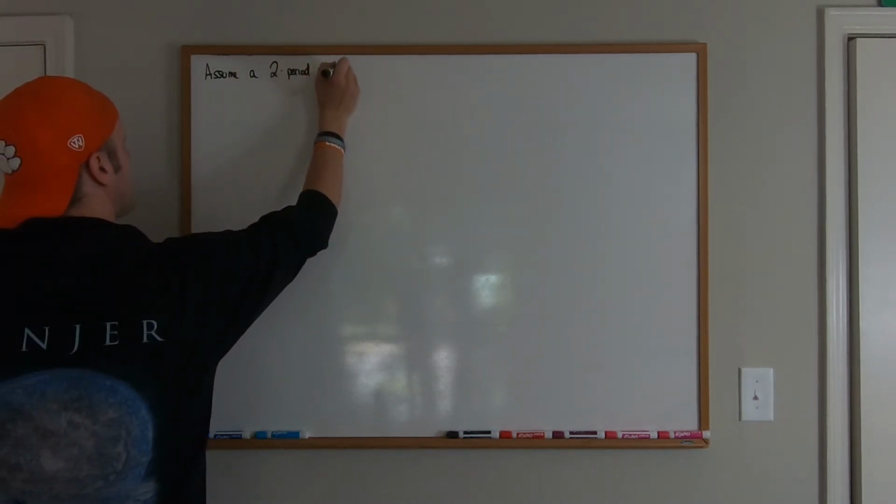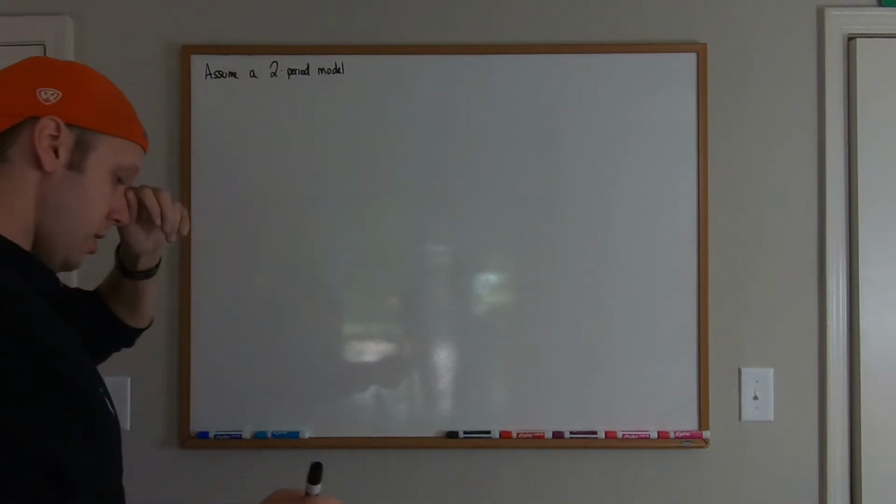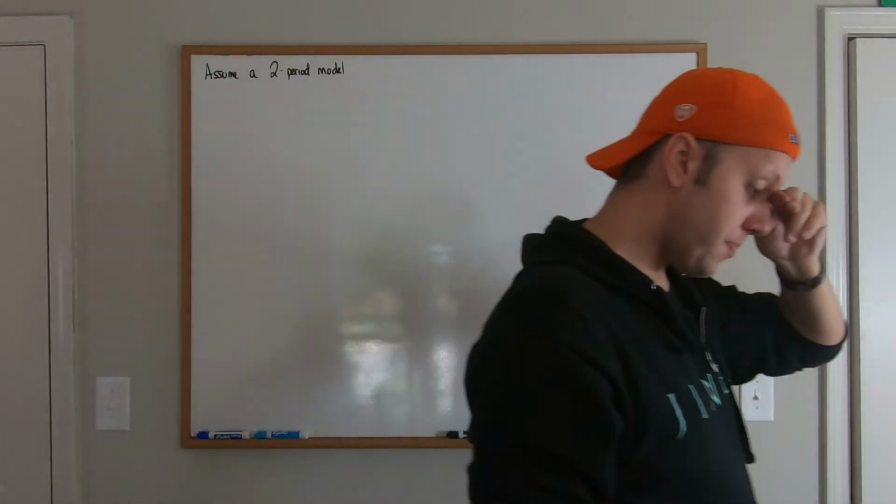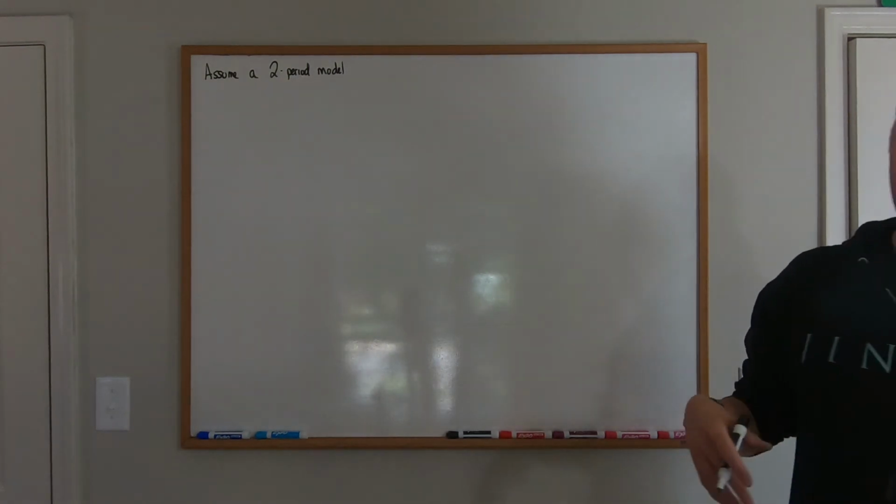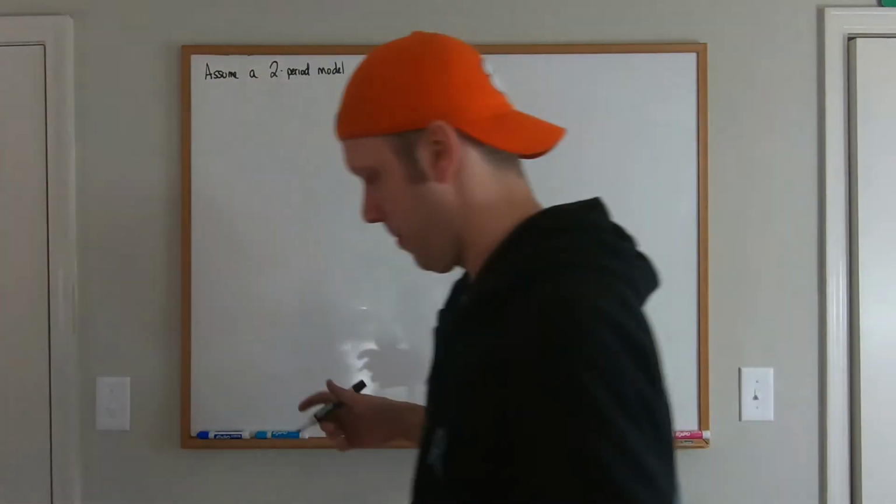First thing we're going to do is assume a two-period model. So the universe exists today, the universe exists tomorrow, and the universe ceases to exist.